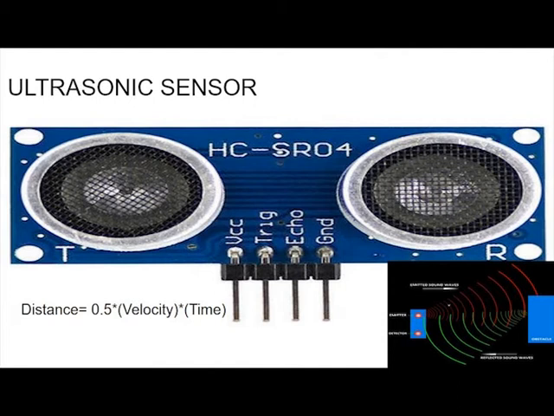As we can see, the pin layout of the sensor shows us 4 pins, namely VCC and ground, where the low and high voltage is supplied. Low voltage to the ground and high voltage to the VCC. Trigger pin, which is connected to the transmitter portion and is responsible for ultrasonic wave transmission.